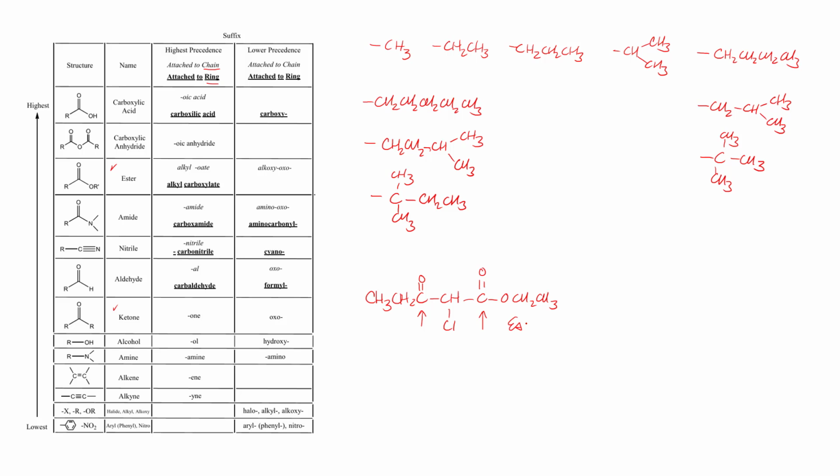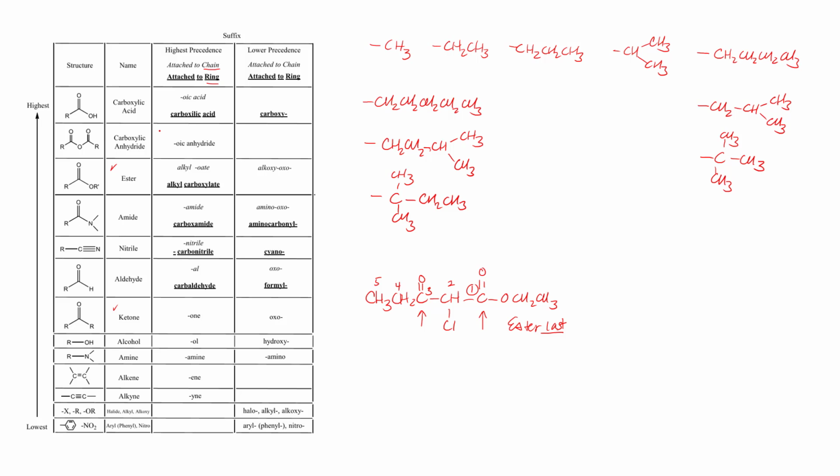So the ester name is going to come last. And also it gets the priority for numbering the carbon chain. So this is automatically carbon 1, carbon 2, carbon 3, carbon 4, and carbon 5.